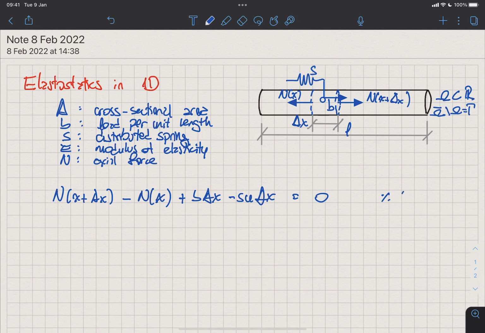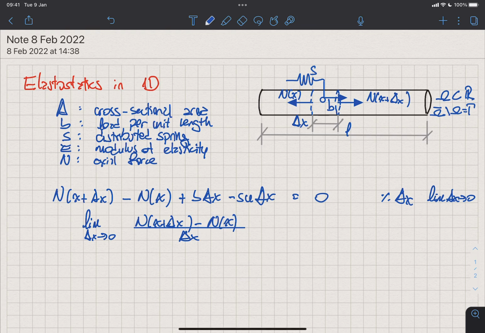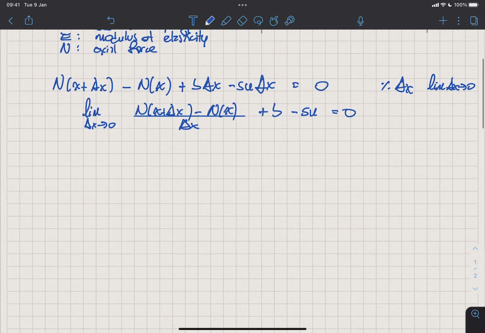Now, of course, if we divide this by delta x and then take the limit as delta x goes to 0, then what we get, as you know, is that the first term in this equation is basically our definition of the derivative.